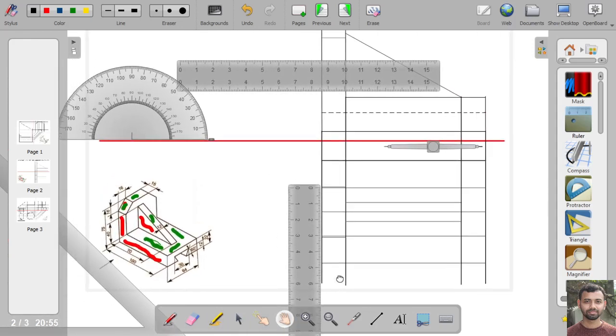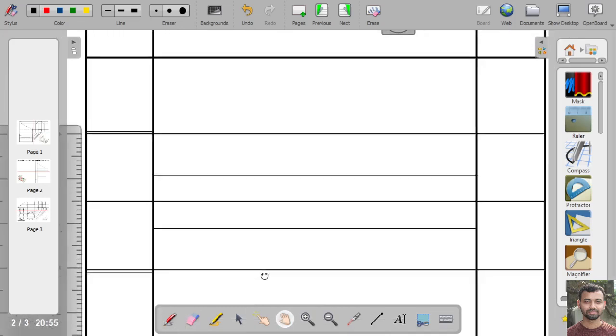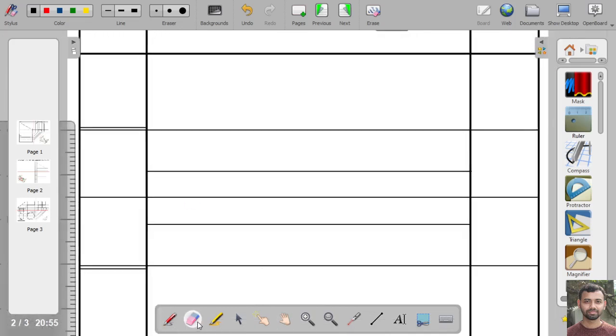Now, this is the portion that we can see from the top. Now we have to make this line a hidden line, as we cannot see this line. So we will make this line a hidden line.